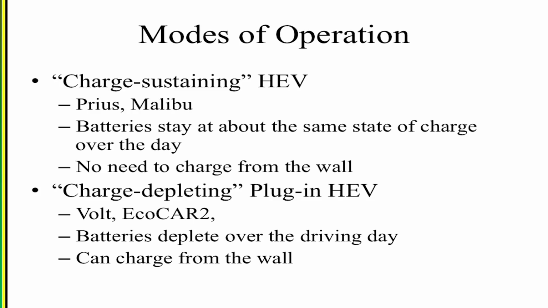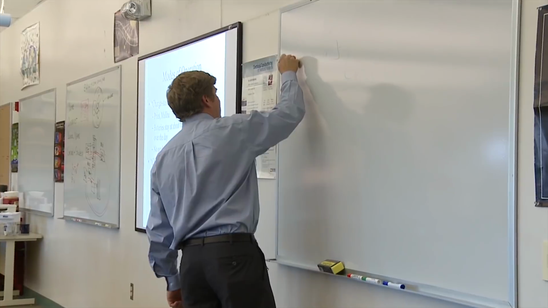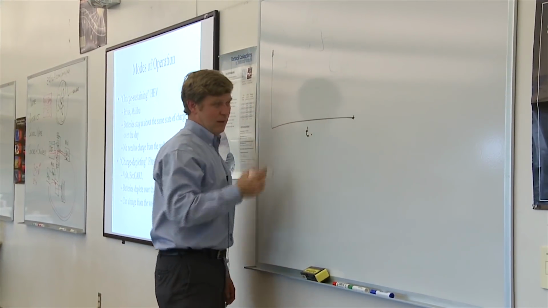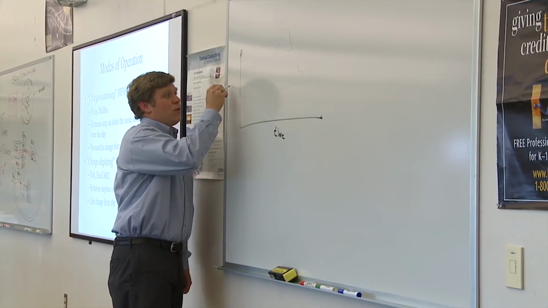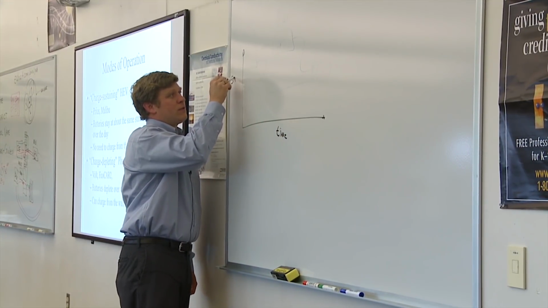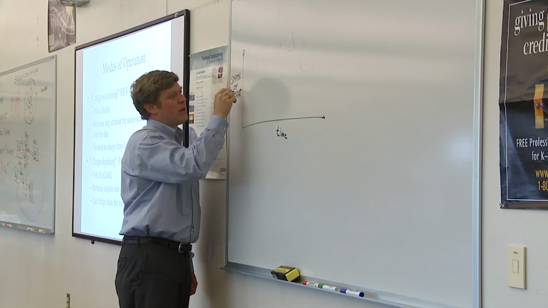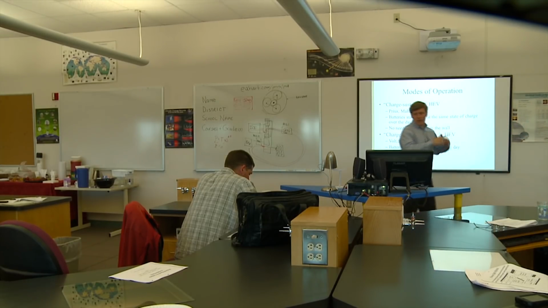For instance, a conventional charge-sustaining hybrid vehicle, let's draw as a function of time. And we'll draw something here called state of charge. State of charge, you can think about it as if you've got a glass and you're taking water out of it, it's how full is the glass.